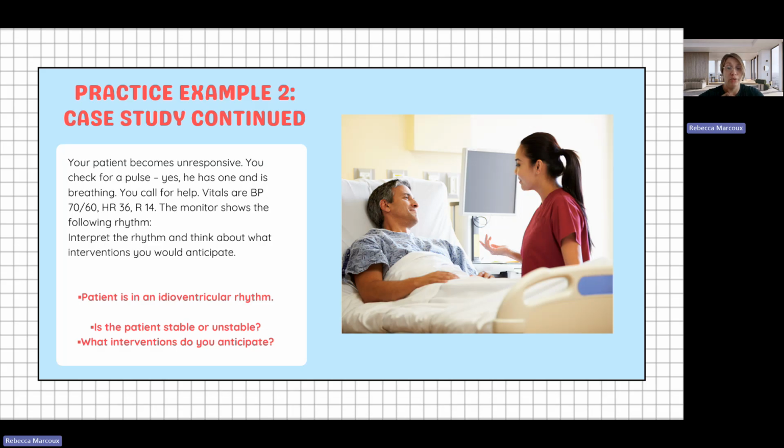We want to ensure we have IV access. We can administer oxygen. Possible medication would be IV atropine, but as I said before, we want to use this cautiously.